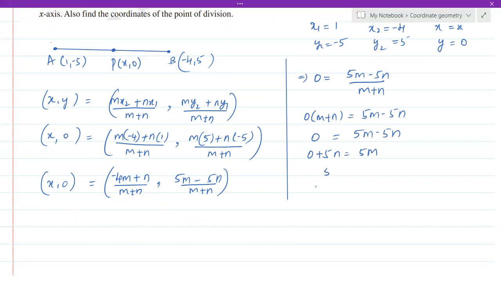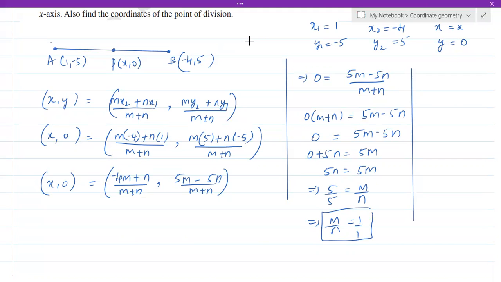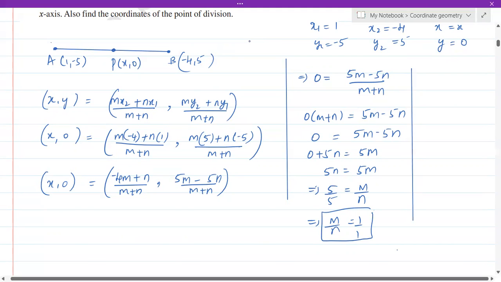So 0 plus 5n is 5n. 5n is equal to 5m, which implies send n to the other side, 5 to the other side. So 5 by 5 is equal to m by n, which implies m by n is 1 by 1. Isn't it? 5 by 5 gets cancelled. 1 by 1. So it is dividing in the ratio 1:1, which means P is acting as what? Midpoint. Remember that? P is acting as a midpoint because the ratio is same, right?